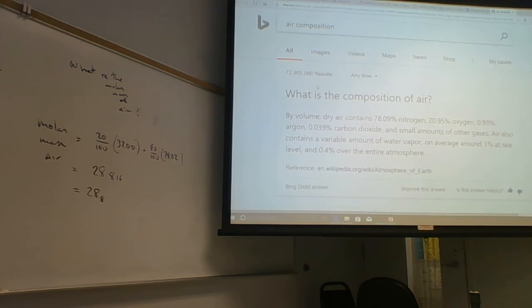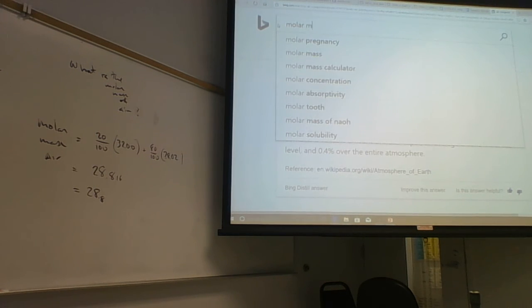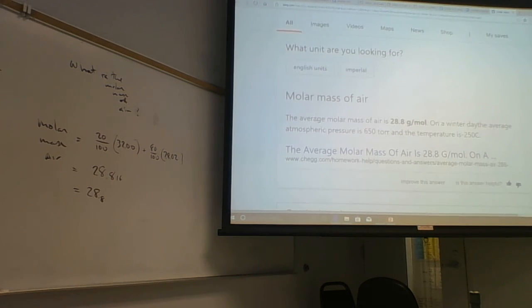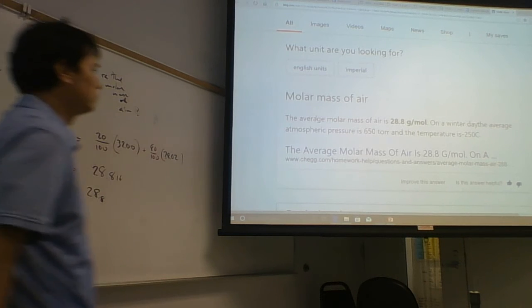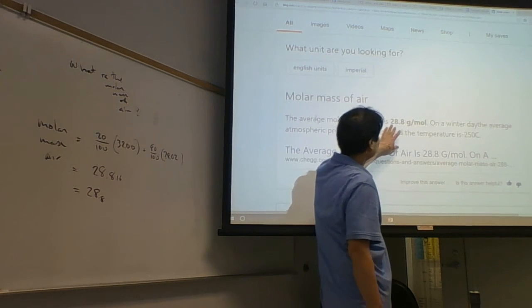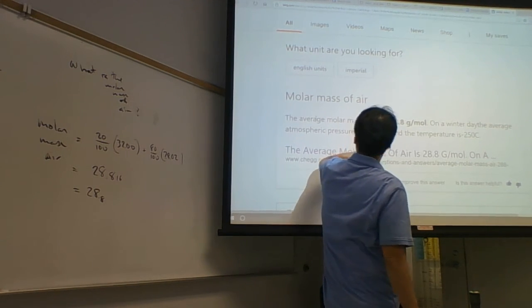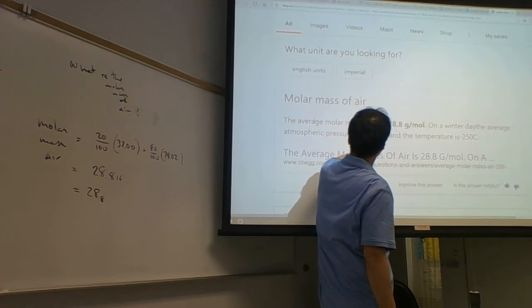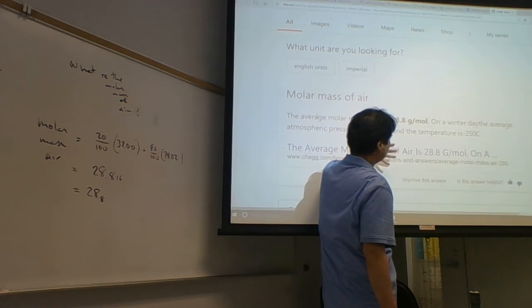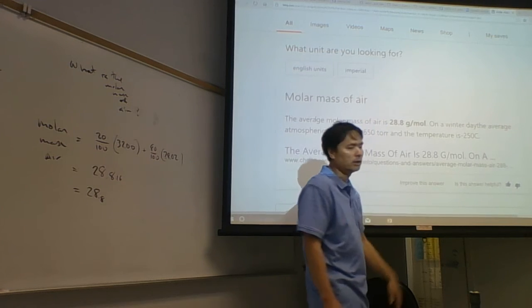So if I did that, what would the molar mass be? We can take a look at the molar mass of air based on this composition. And the molar mass of air comes out to 28.8. Well, this is the average. So just roughly around there, 28.8.